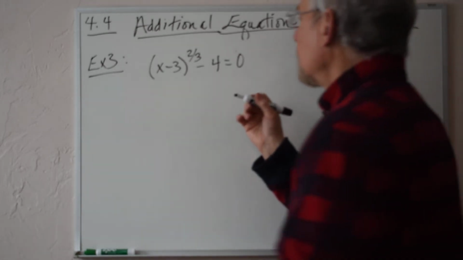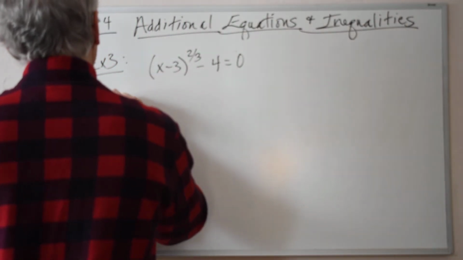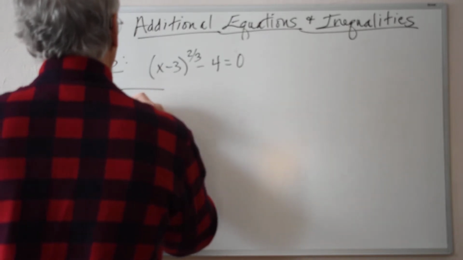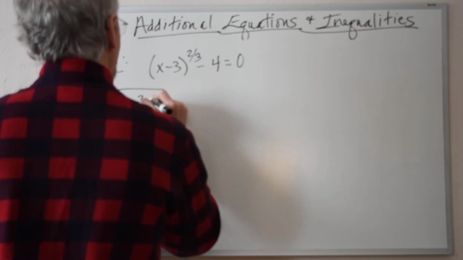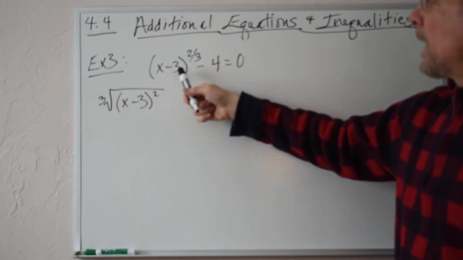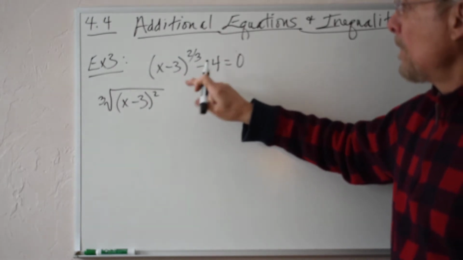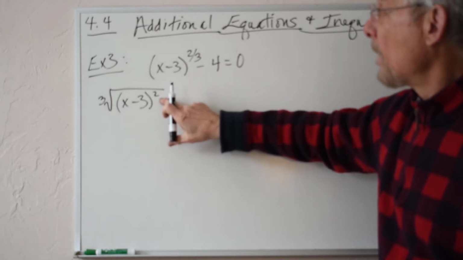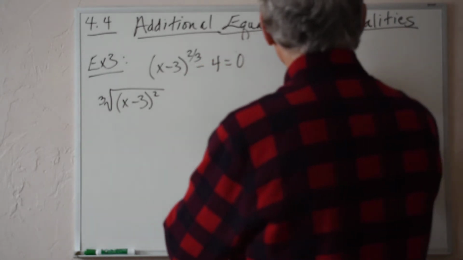Step number 1, probably it's a lot easier to look at this problem and convert it to a radical expression. x minus 3 to the power 2/3 is the same as x minus 3 squared raised to the power 1/3. Let me show you what I mean.